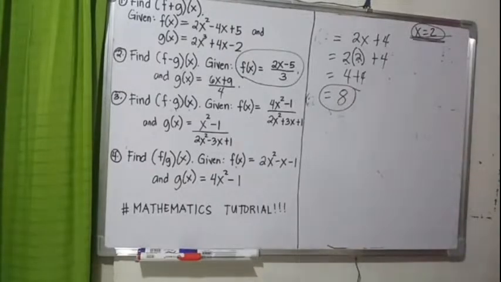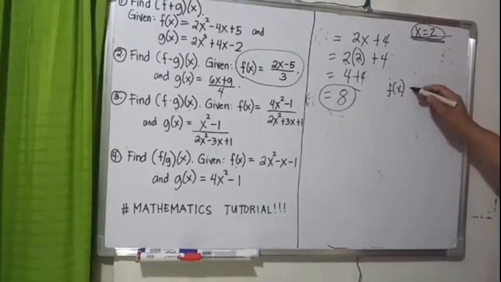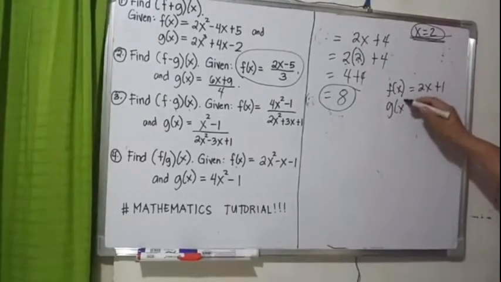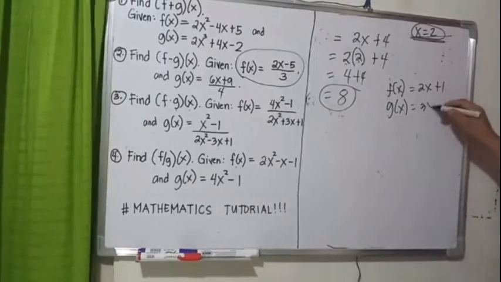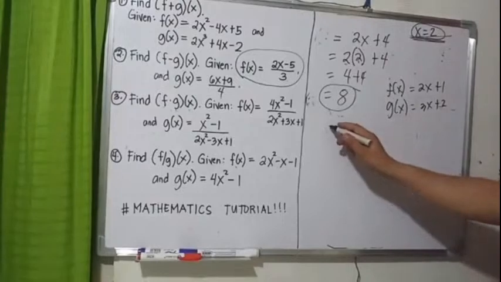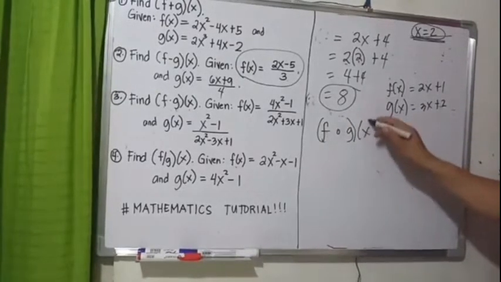Sir, paano po yung f composed of g times x? Okay, that is composition of functions. Ang composition of functions, for example, if we have f of x equals 2x plus 1 and g of x equals 3x plus 2, then ang question natin is f composed of g times x.